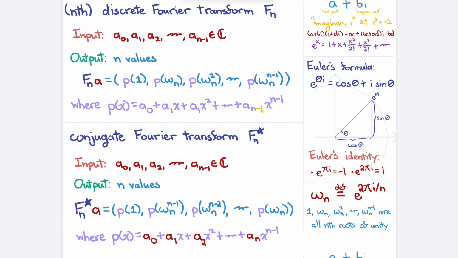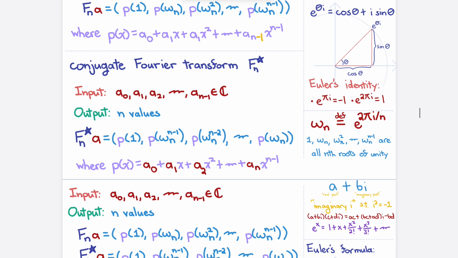Only the output, it's going to see the first one is kind of going clockwise around the circle, and this one is going counterclockwise around the circle. Okay, so it's not very different. From a computer scientist standpoint, it's like, what's the difference? Obviously, if you can do one, you just reverse the input, reverse the output, you get the other. So implementation-wise, they're the same. Okay, but there is this thing called the conjugate Fourier transform, and it's really just this opposite rotation.